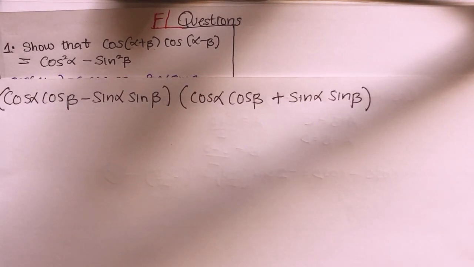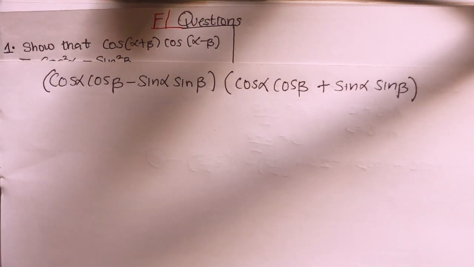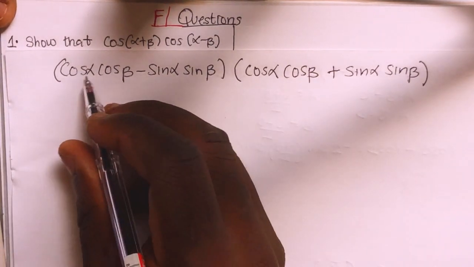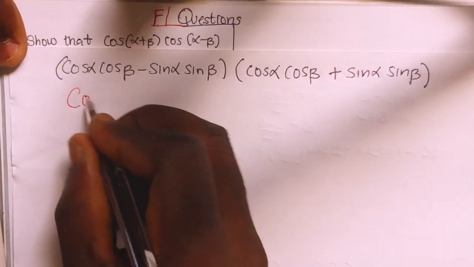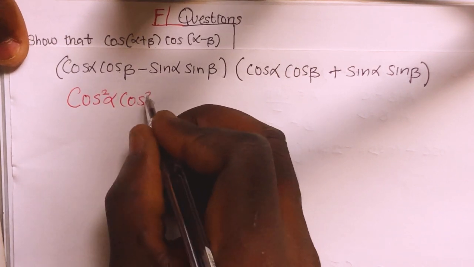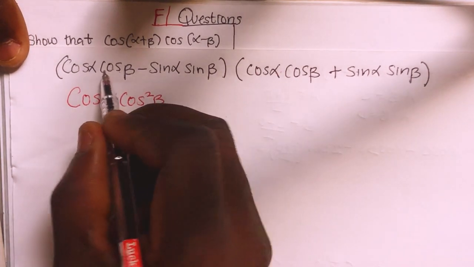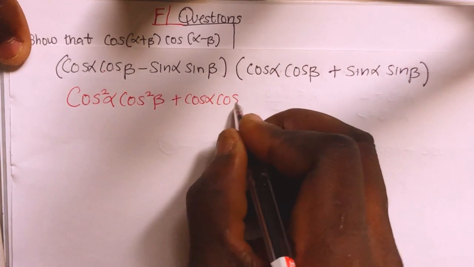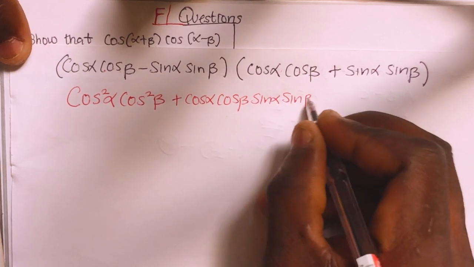Then expanding this, let's see what my expression is going to be. Cos alpha cos beta times cos alpha cos beta turns to cos square alpha cos square beta. Expanding further, this multiplied by this will be plus cos alpha cos beta sine alpha sine beta.